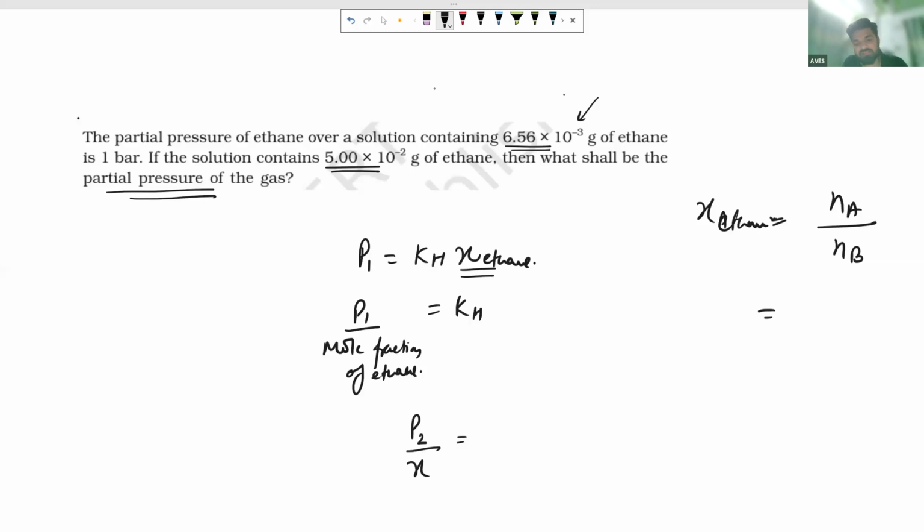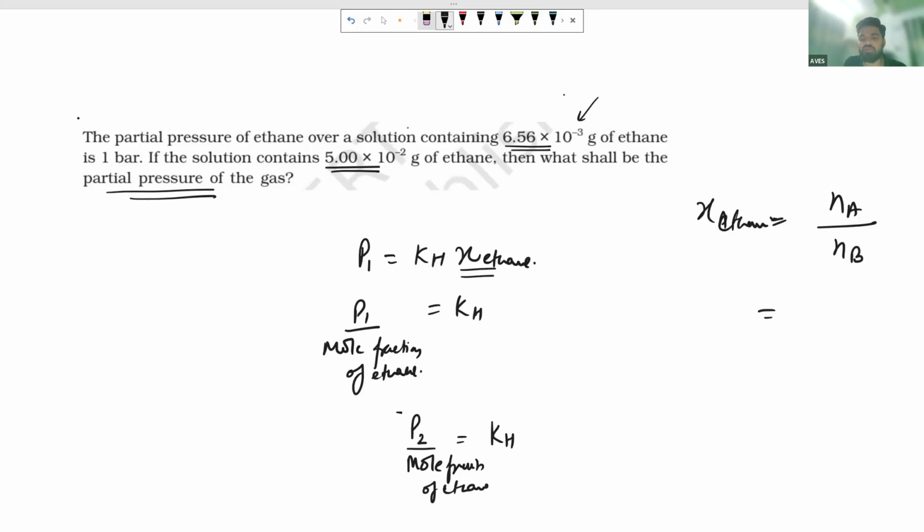Just concentrate here. Are you getting this? Yes, sir. You write the mole fraction of ethane for the second case, and that is KH here. Both will give you the same KH value. The KH is same for both.